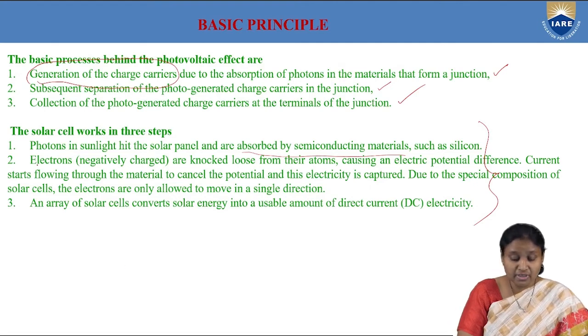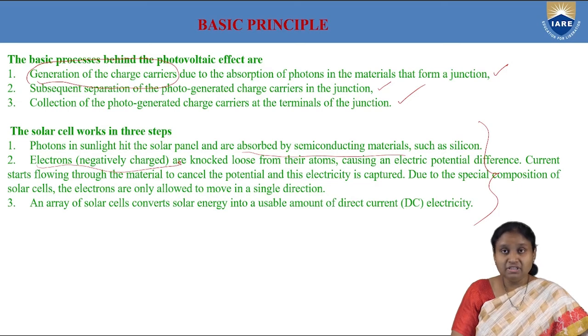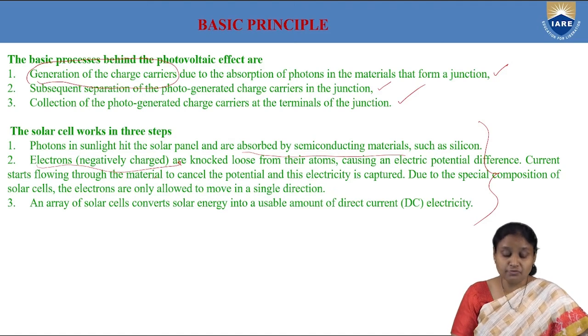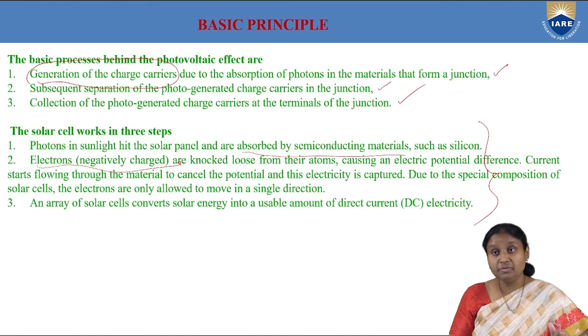As I told you, electrons which are negatively charged are knocked loose from their atoms, causing an electric potential difference. So currents start flowing through the material to cancel the potential, and this is going to give us electricity. And because of the special composition of the solar cell, when we make our solar cell, we don't just make use of normal materials, but we make use of some special type of materials.